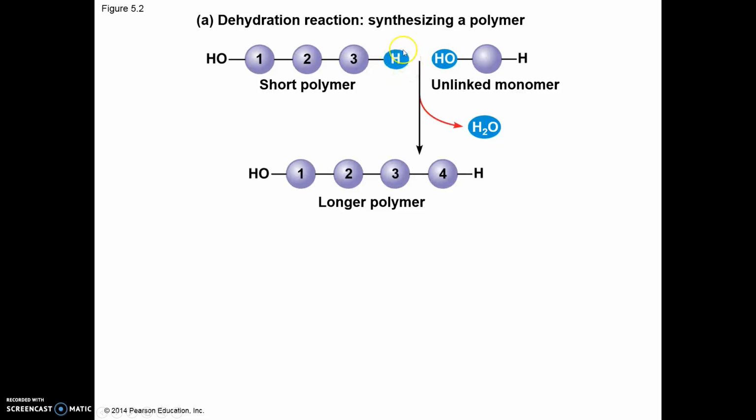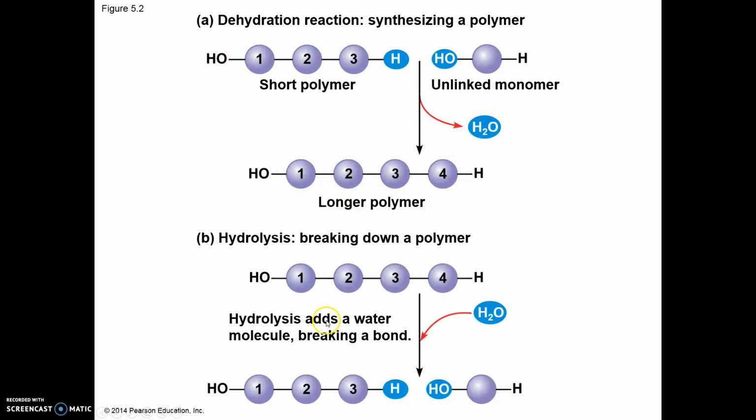What this hydrogen is attached to can vary depending on what polymer we're talking about, but in the reaction that links them together, we remove the H2O and replace those bonds with each other. So now we have 1, 2, 3, 4, a longer polymer. We remove a water, so it's a dehydration reaction. It's dehydrating this molecule.